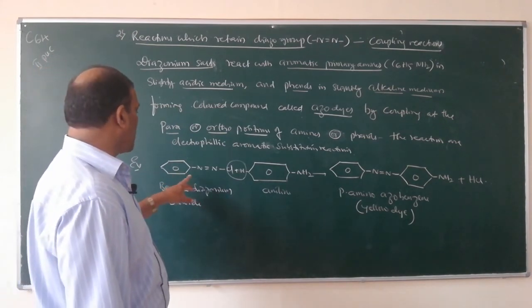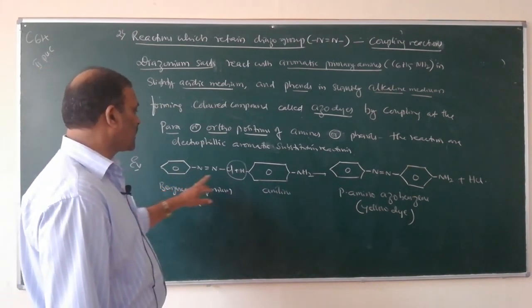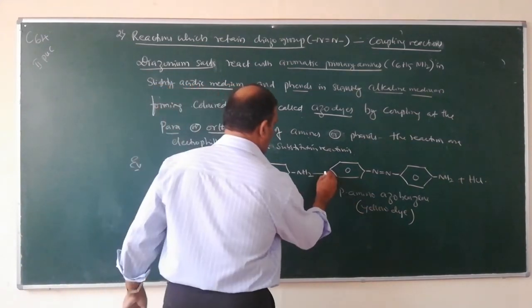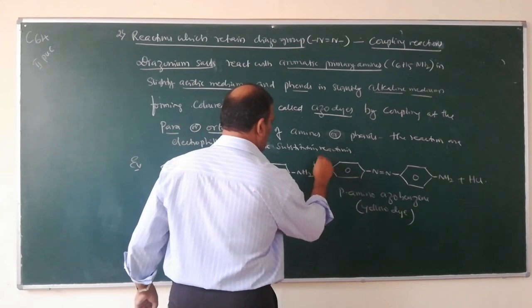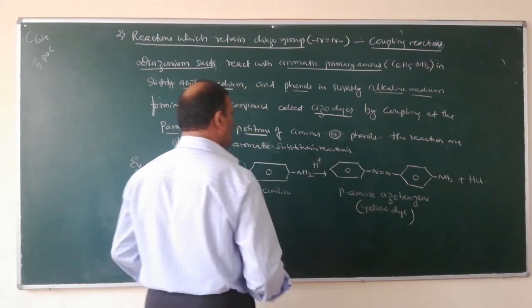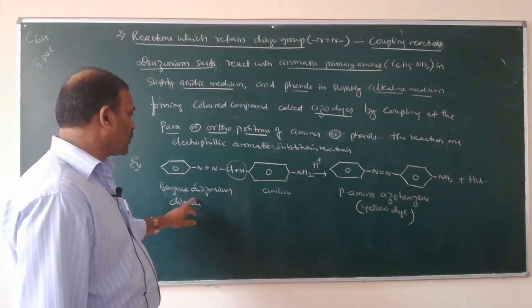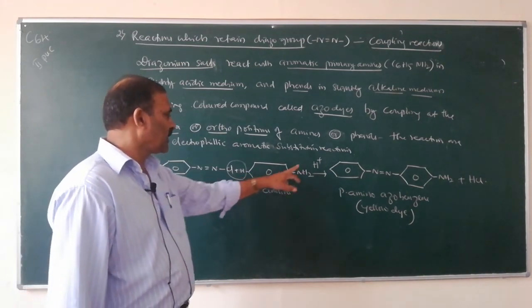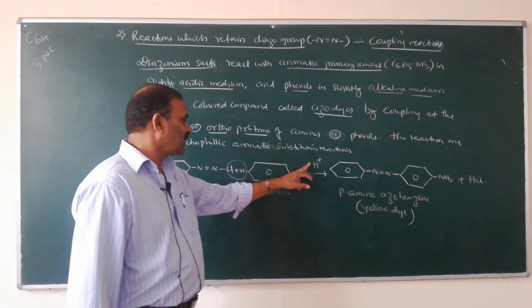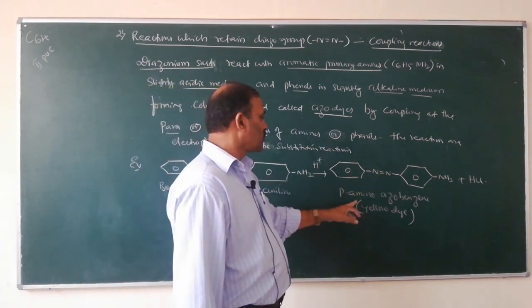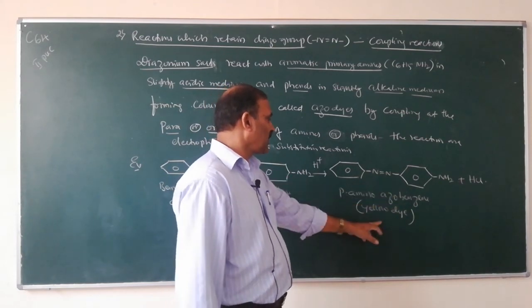So when benzene diazonium chloride reacts with aniline in slightly acidic medium, it forms a colored compound called an azo dye.